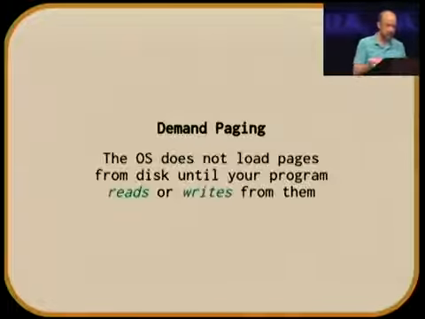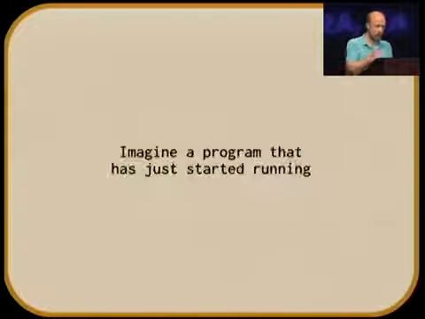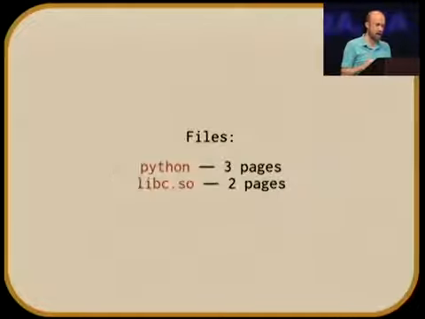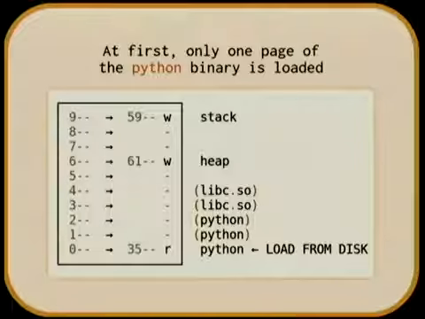Now for another puzzle piece. This is fun. Demand paging. The OS doesn't actually load pages from disk, even ones you've asked for, until you try to read or write from them. Imagine a program that's just started running and the Python binary takes up 3 pages and libc 2. At first, it won't actually load those in.